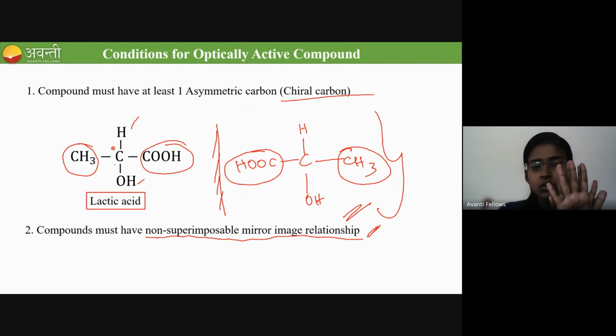Now, you tell me whether my mirror image has been superimposed over the original image or not. Yes or no? Has it been superimposed or not? Others also can reply. Students, tell me.